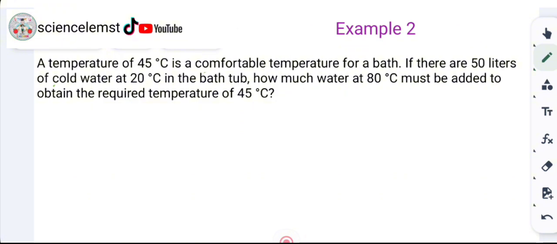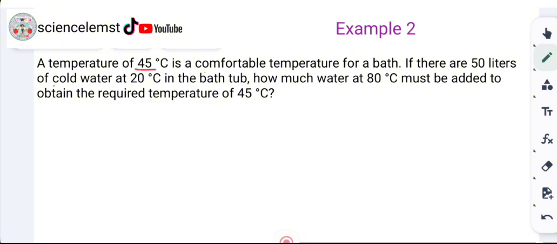Example 2. A temperature of 45 degrees Celsius is a comfortable temperature for a bath. If there are 50 liters of cold water at 20 degrees in the bathtub, how much water at 80 degrees Celsius must be added to obtain the required temperature of 45 degrees Celsius?